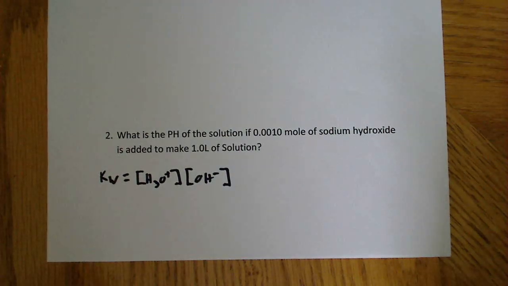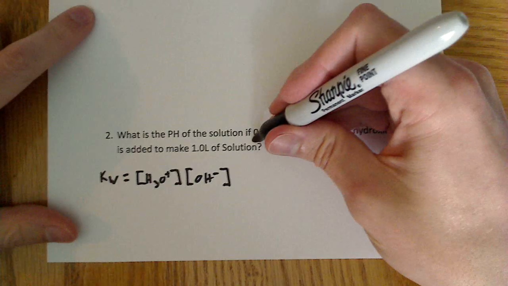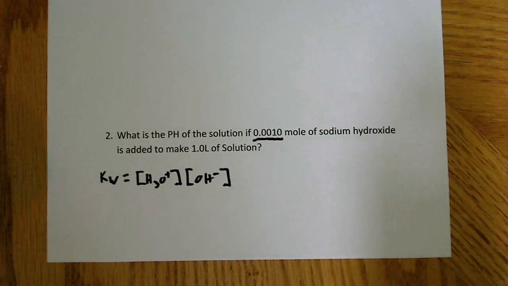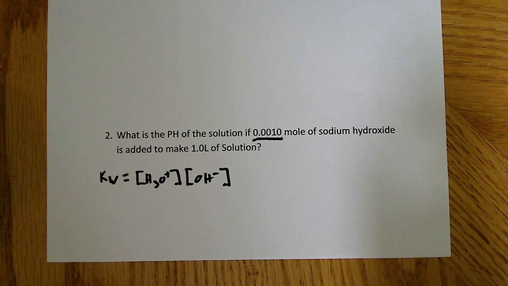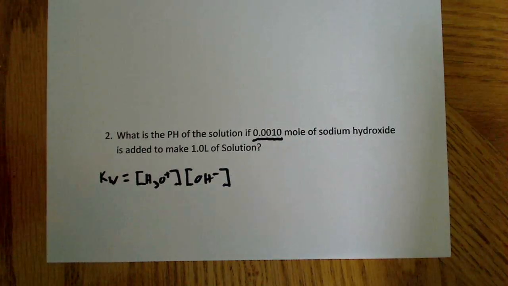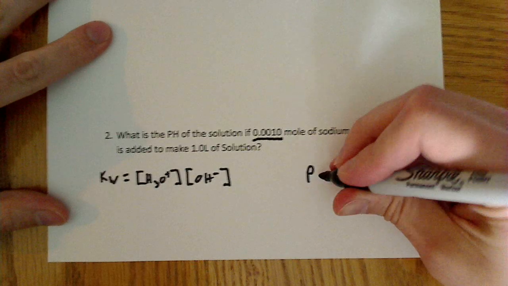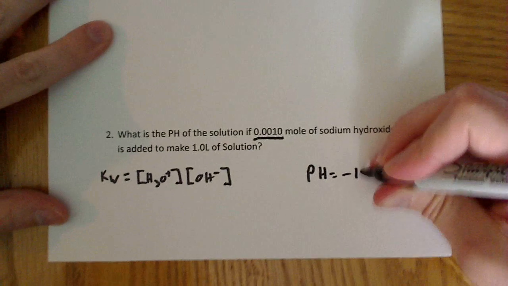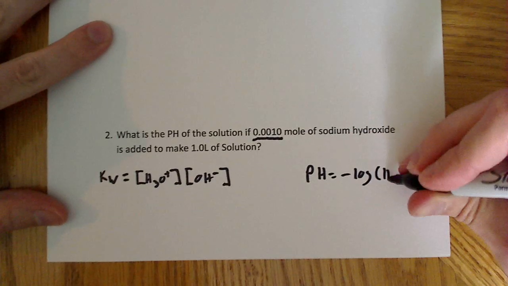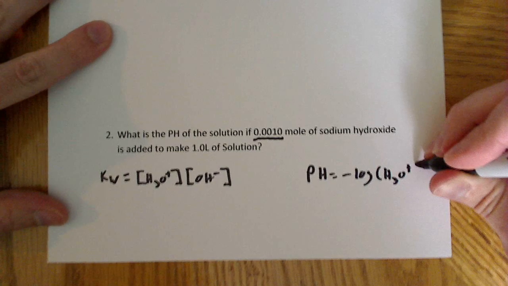That's called the equilibrium constant for water. With this we can use the concentration of sodium hydroxide to solve for H3O+, the hydronium ion concentration, and then plug that into pH is equal to the negative log of H3O+.